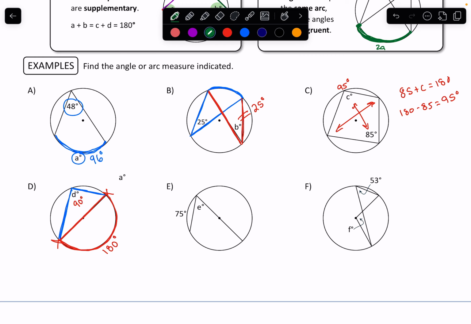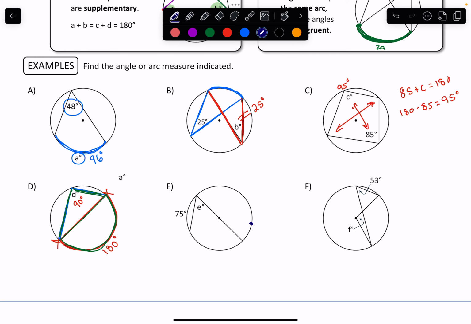So I've got my inscribed angle that ends on a diameter. So I know that this distance is a 180 degree arc. And so that means anytime I have an inscribed angle connected to a diameter, my angle's 90 degrees. So if I go over to example E, I can put a point anywhere.